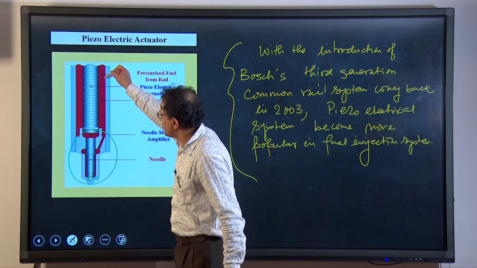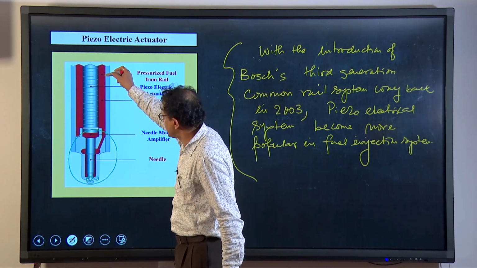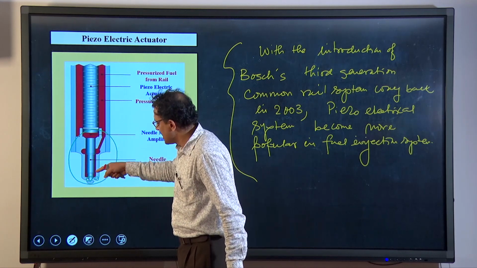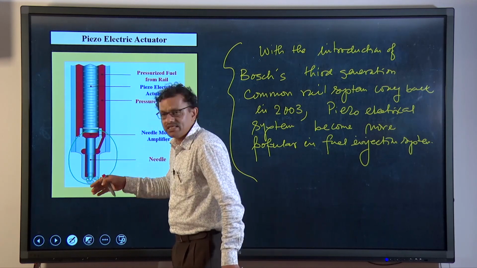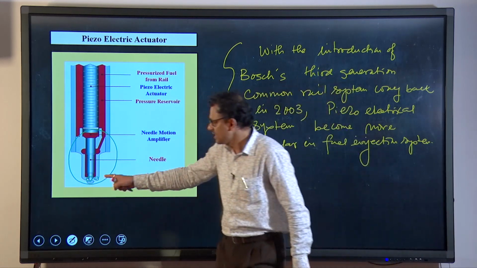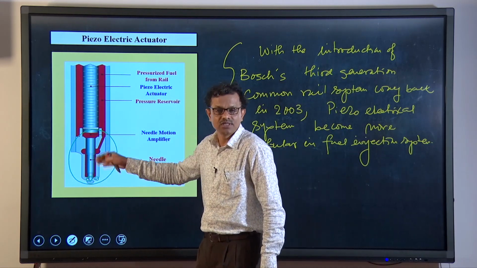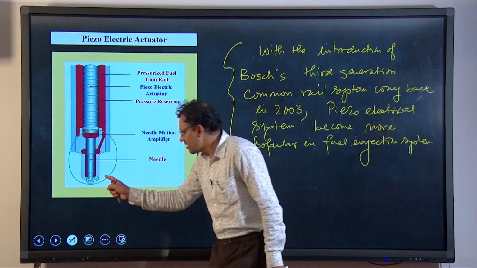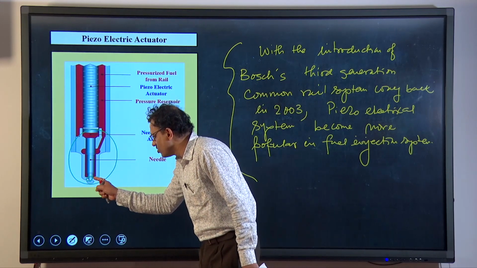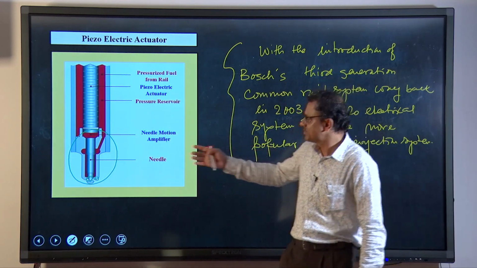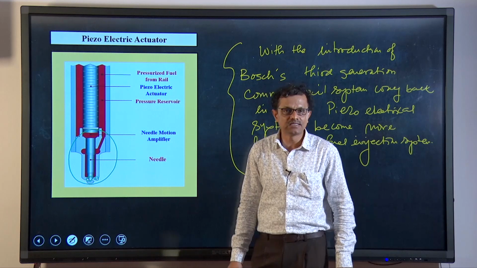Fuel comes from the fuel tank and is stored over here. The needle is always seated over here. If we can create some forcing on the needle, and the needle has downward movement, then we can control the opening area through which fuel will flow from this device into the engine cylinder.